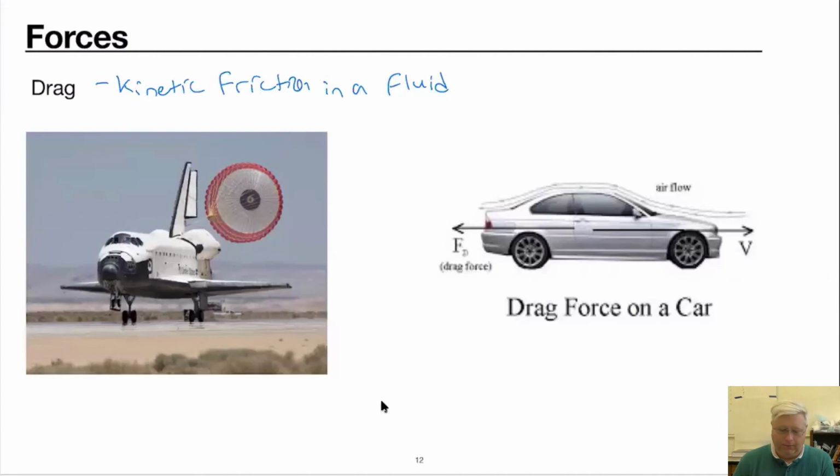And so if we ever look back at some of the old cars from the olden days, you can see my terrible drawing skills, but they used to be very, very boxy kind of things. That was not too good for gas mileage, but gas was so cheap back then that it didn't really matter, and now that it's getting more expensive, it does matter.